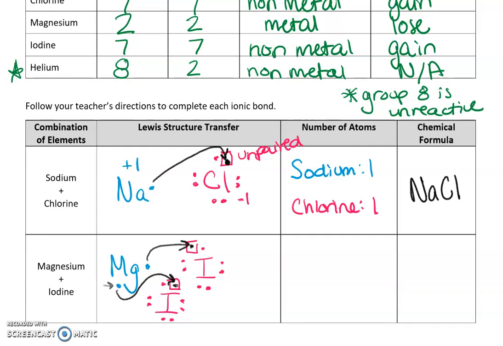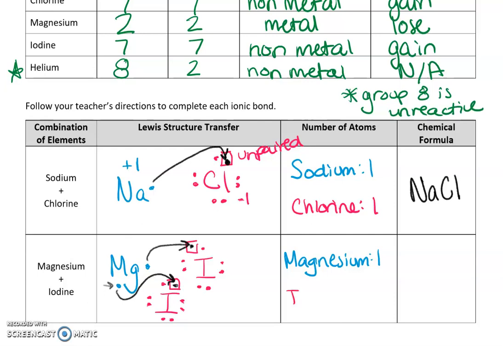So we have a different ratio in this bond than we did in our first bond. So when we're looking at our chemical formula and counting our atoms, we have, once again, a different ratio. For magnesium, which is our metal, we have one atom.